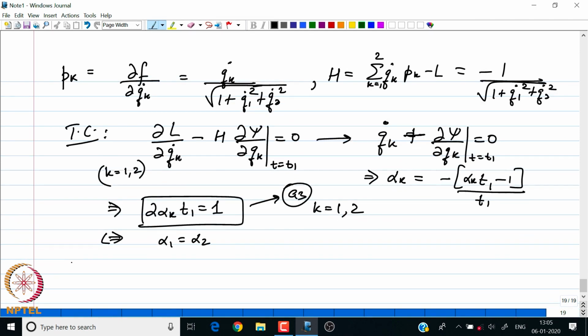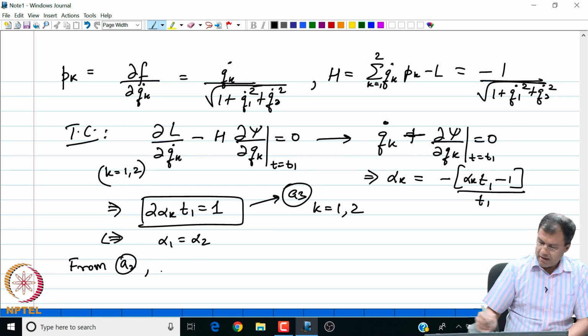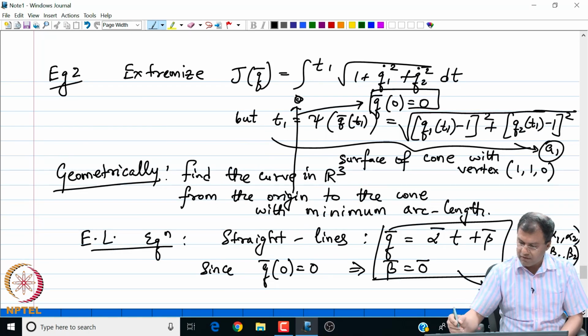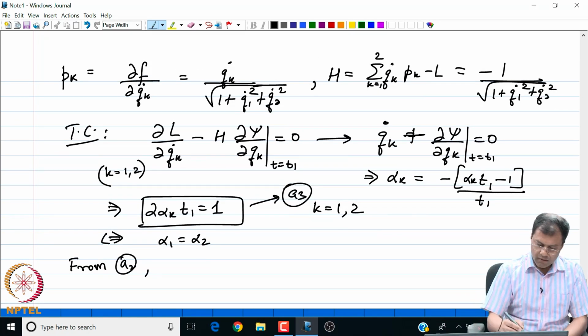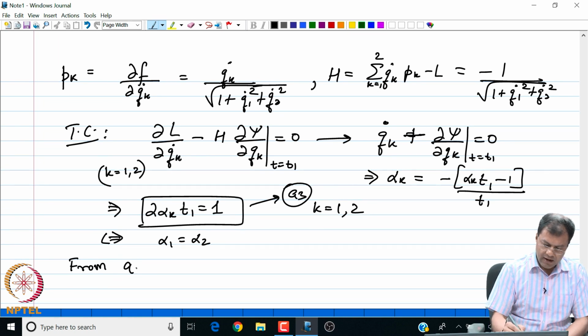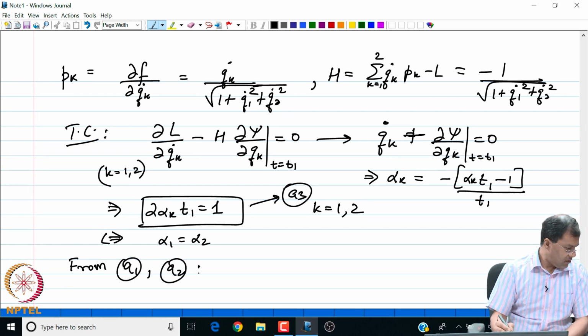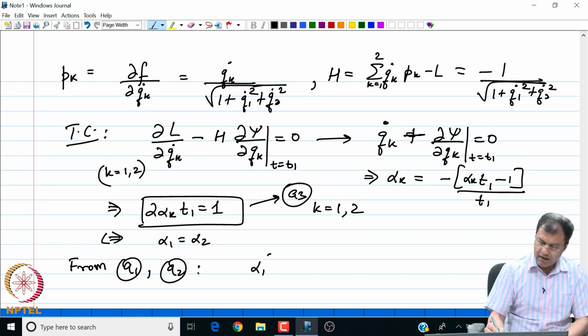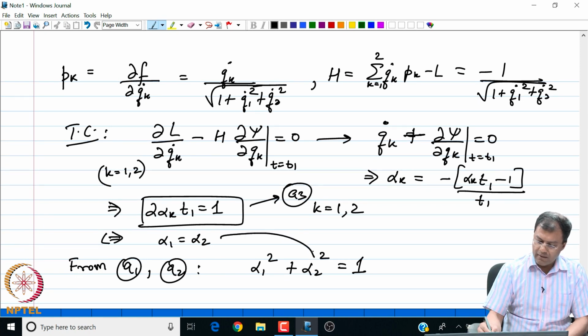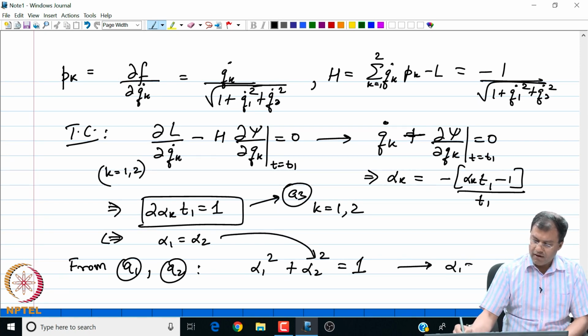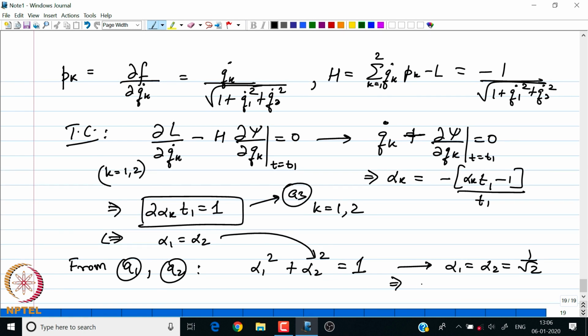Notice that from A2 and my surface equation, which is A1, plugging in the values, I come to the point where alpha 1 square plus alpha 2 square is equal to 1, and given the fact that both alphas are equal, I see that alpha 1 is equal to alpha 2 is 1 by square root 2, or my extremal q1 is equal to q2 is 1 by square root 2 times t.